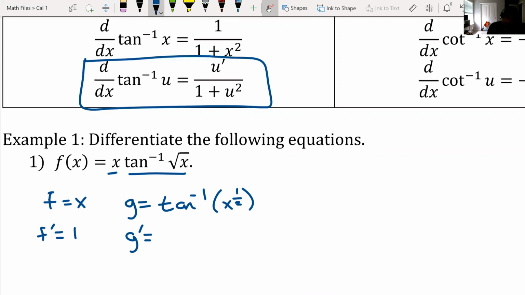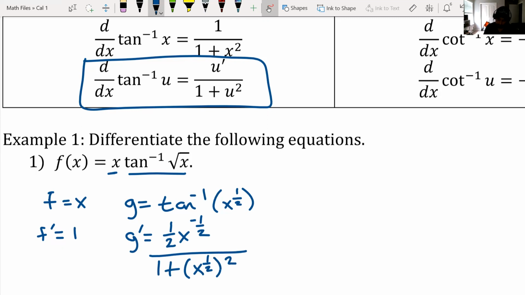That's nice, right? That's the chain rule derivative for tangent. So this means we're going to do the derivative of the inside, u prime, so the derivative of x to the 1/2, we're going to have 1/2 x to the negative 1/2 over 1 plus the inside, x to the 1/2 squared.